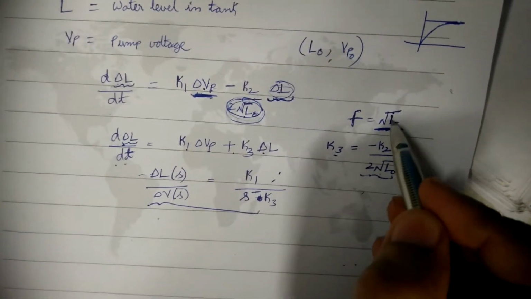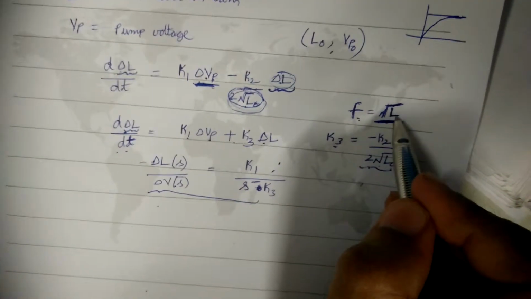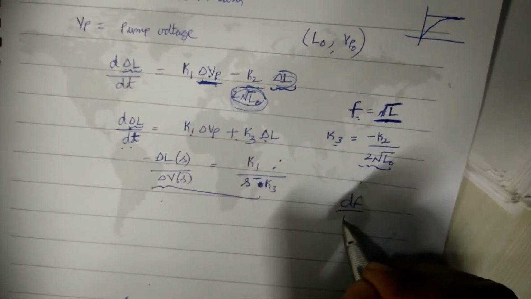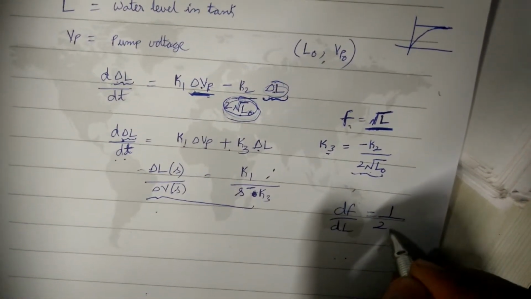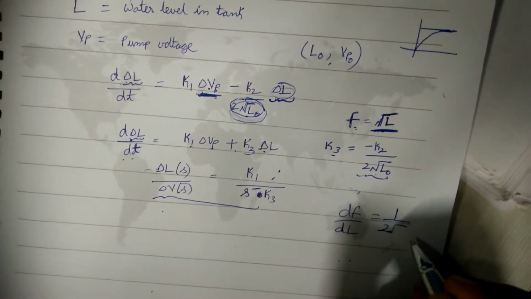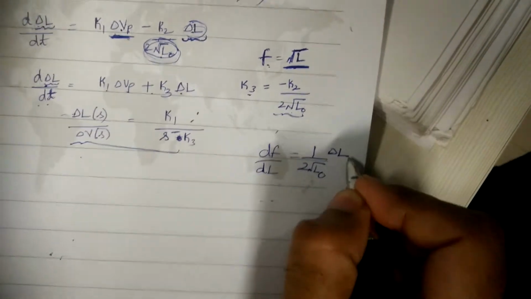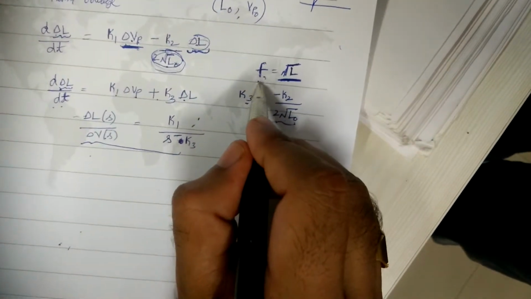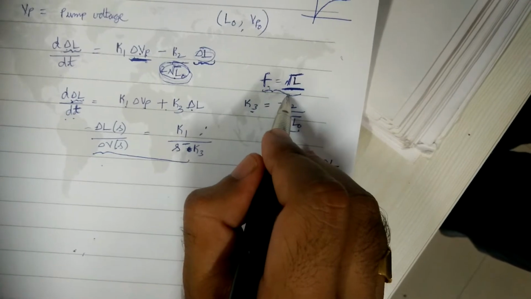We are only differentiating this function with respect to L. So dou f by dou L is 1 by 2 root L0 at that operating point, and we should replace L with delta L. So the main thing to be noted is that we are seeing the non-linearity with respect to input and output, not with respect to time. So this concludes.